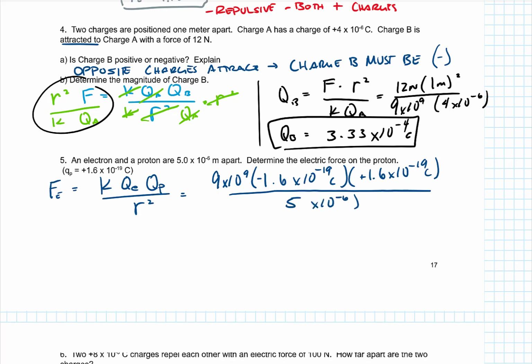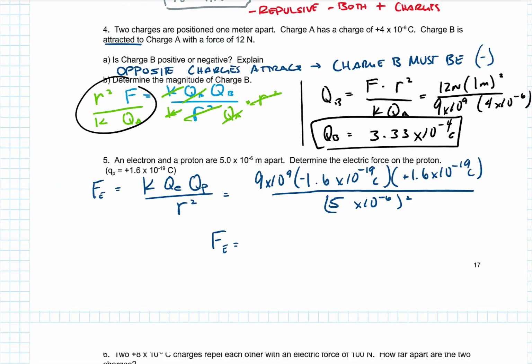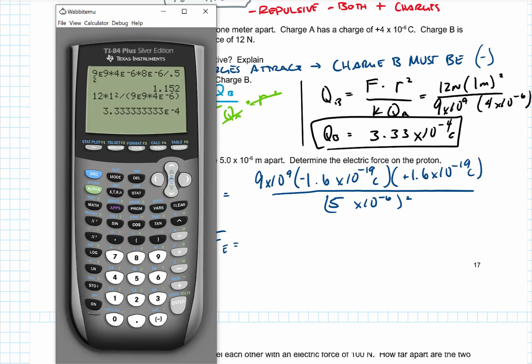6th meters squared. So that electric force, when we put it all into the calculator, let's see if we can scoot this over so we can see everything. We're going to have 9 second E 9 times negative 1.6 second E negative 19.